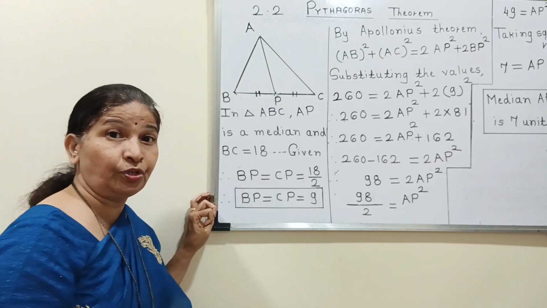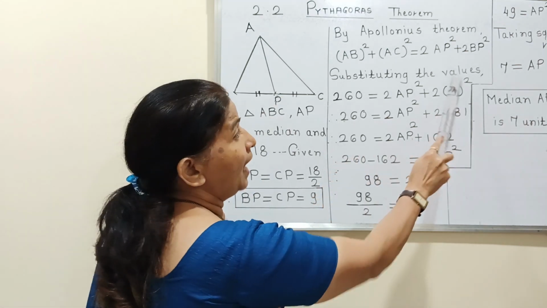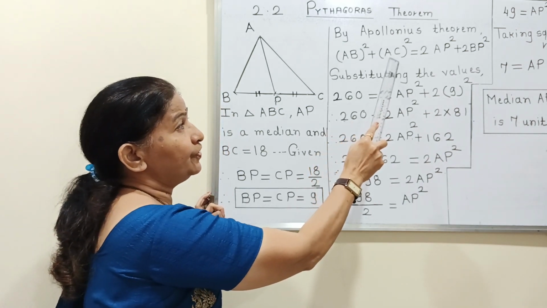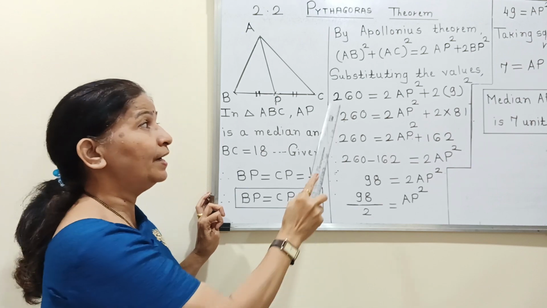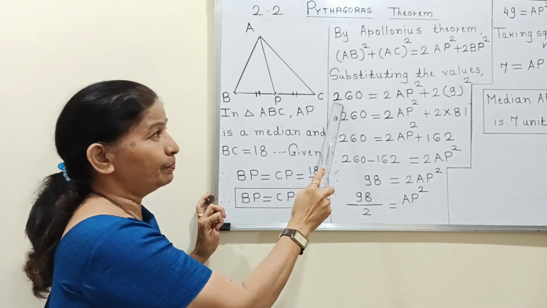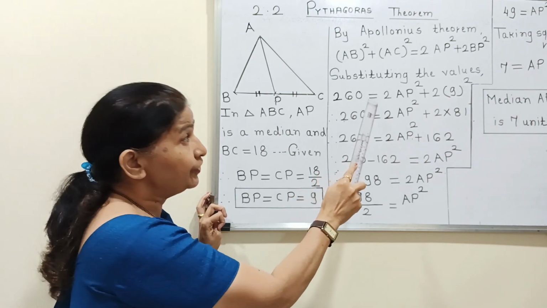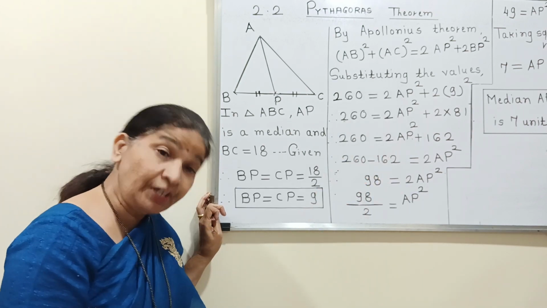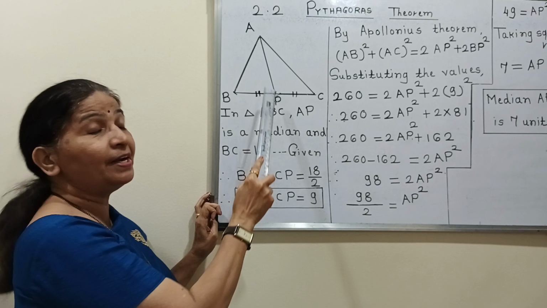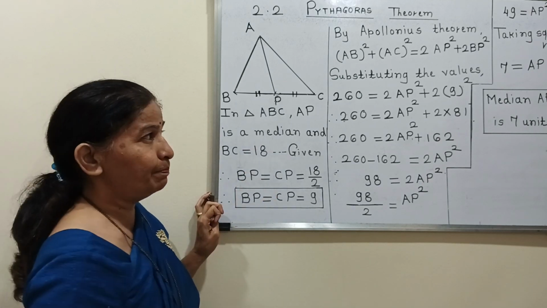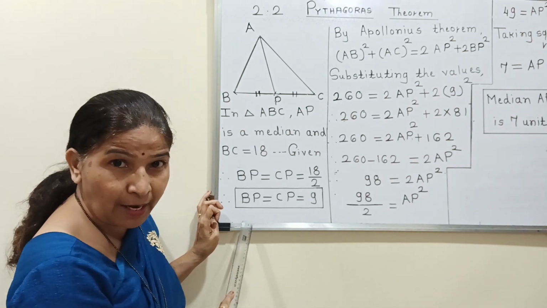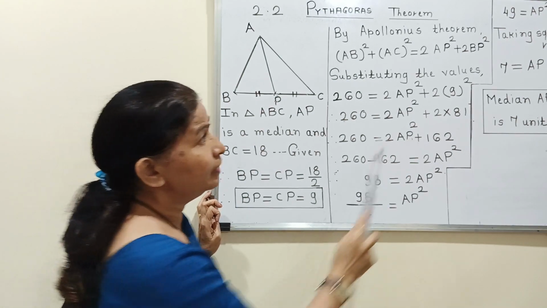I will substitute the values which they had given, that AB square plus AC square they had provided 260. So I will substitute 260 is equal to twice AP square as it is, because I want to find out this median AP, plus BP, just now we had found, that is 9.